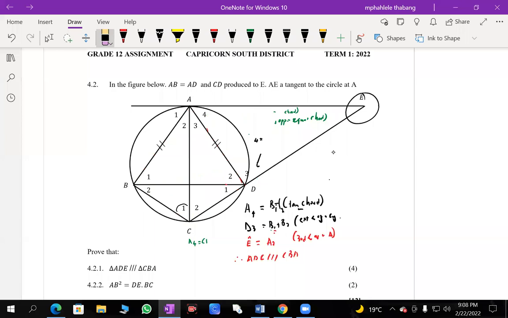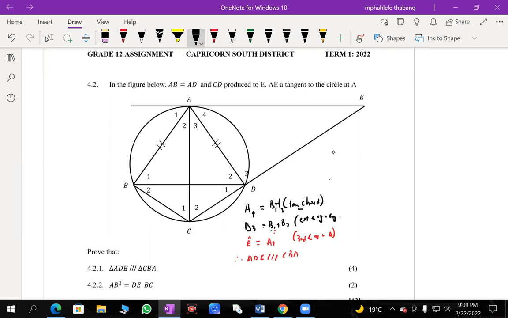If the things I'm talking about are not making sense, believe you me, it means you don't know your theorems. They make sense.